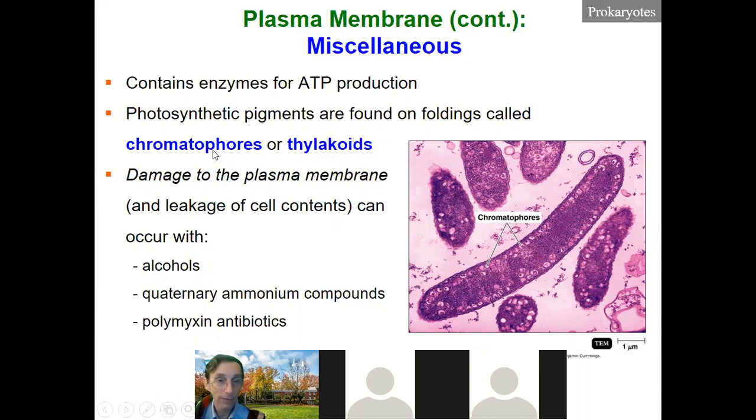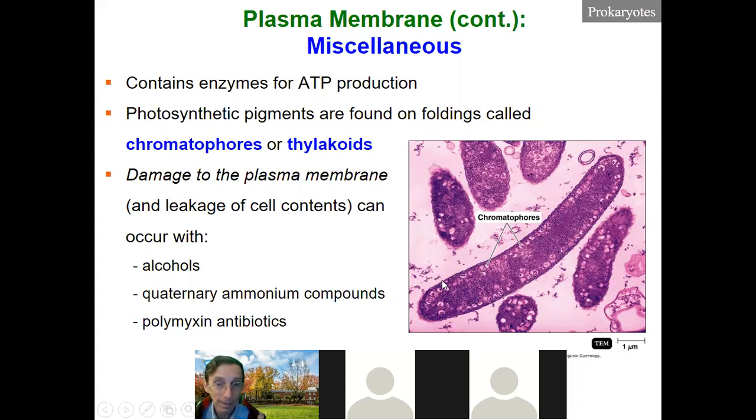They even have a name for that, chromatophores or thylakoids, after structures that we see in the plant. It's not in the plant, it's in bacteria, and it's not the thylakoid disc, it's the thylakoids. But there you can see the chromatophores, foldings of the cell membrane.